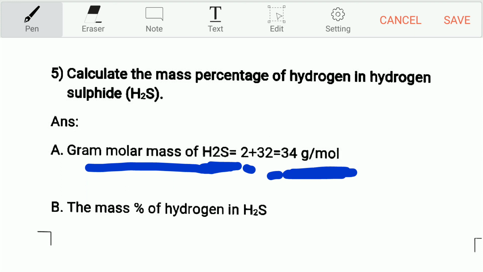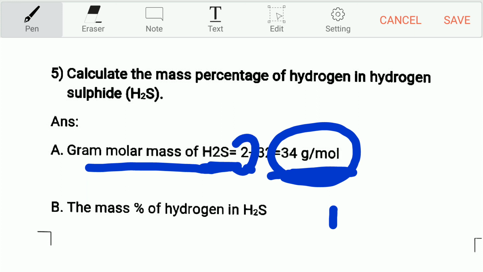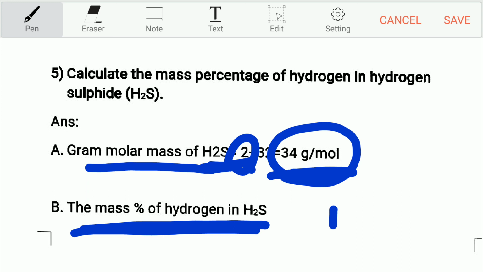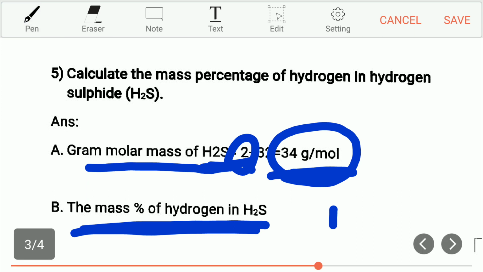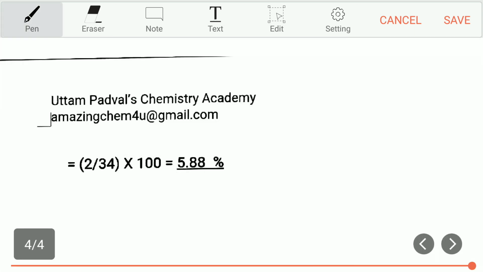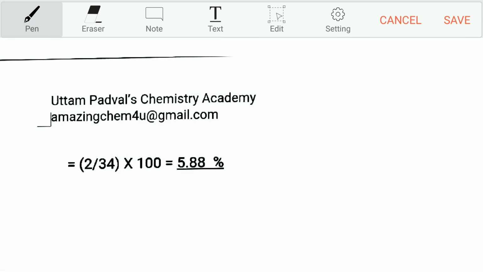Now we can calculate the mass percentage of hydrogen in hydrogen sulfide. In 34 gram of hydrogen sulfide, the mass of hydrogen is 2 gram. Therefore, the mass percentage of hydrogen in hydrogen sulfide is equal to 2 divided by 34 into 100, which will come to 5.88%.